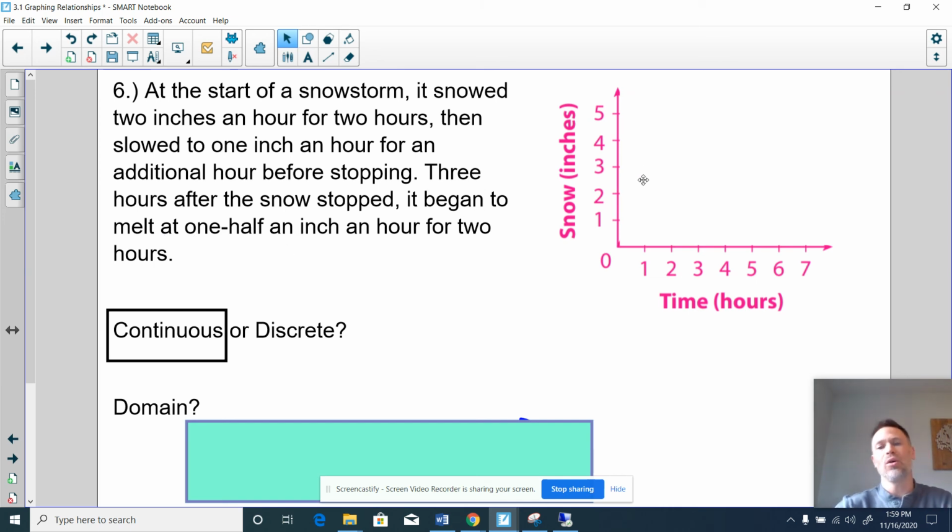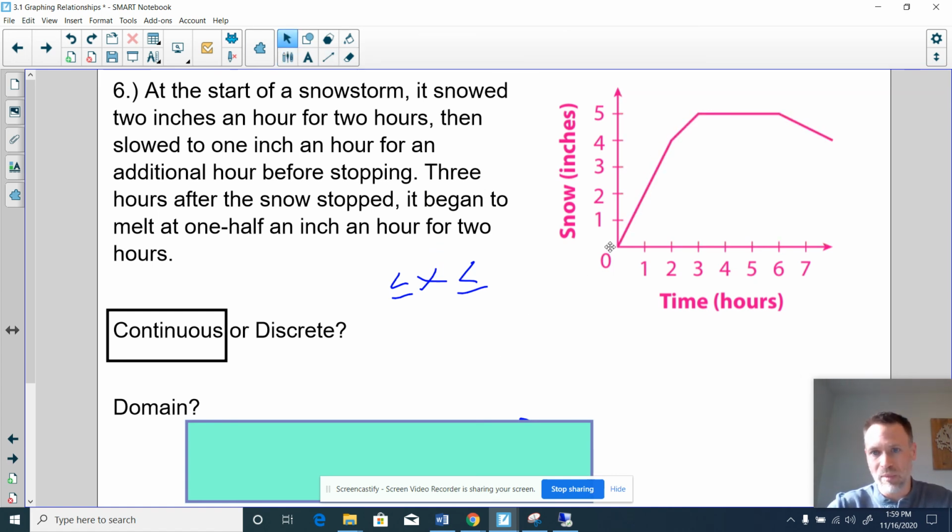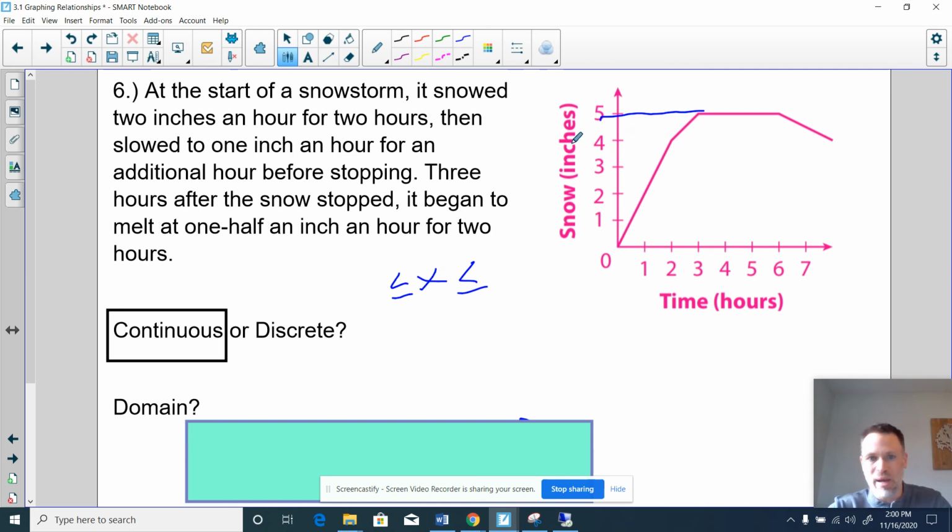Okay, so the details of that graph are pretty clear that it's continuous, which means we're going to have to write some type of compound inequality, right, for x and for y. So the graph for this would look like so, okay? So the maximum amount of inches of snow that we had, if you go back and match up the details, is y, and the maximum time that it takes, we keep track because we want to know, okay?